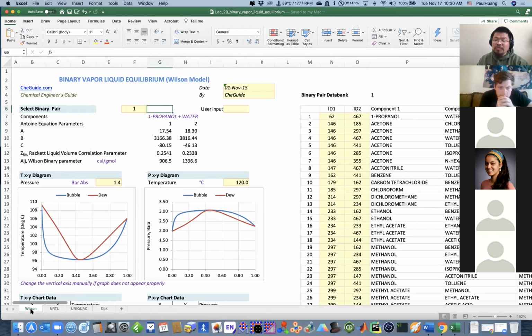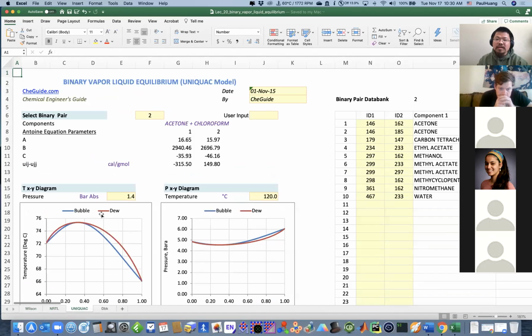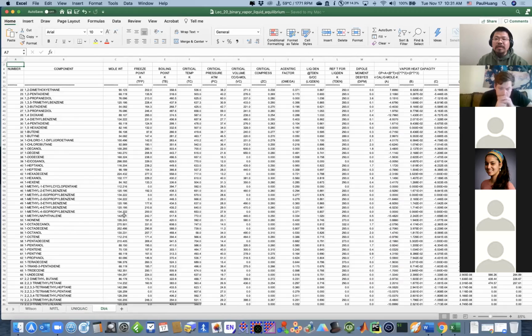One is with the Wilson equation. This is one of the activity models we discussed, right? One is the NRTL, also one of the activity models we discussed, and the UNIQUAC. That's also a very popular activity model we discussed. And I believe this is a database.